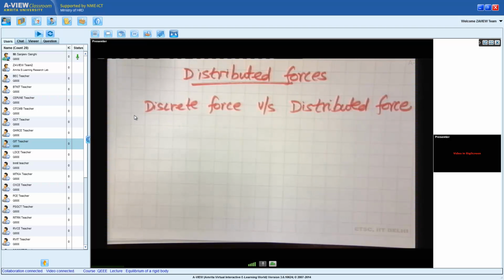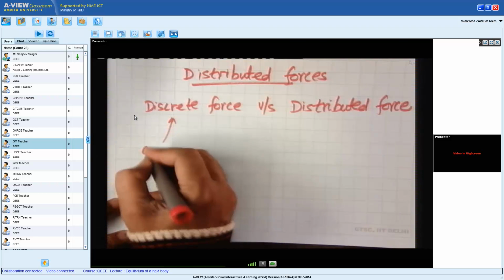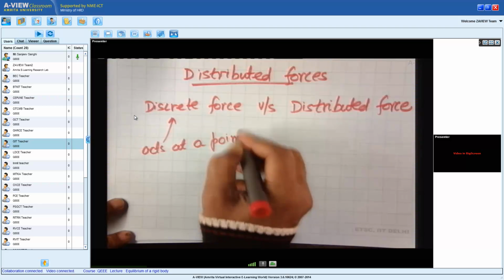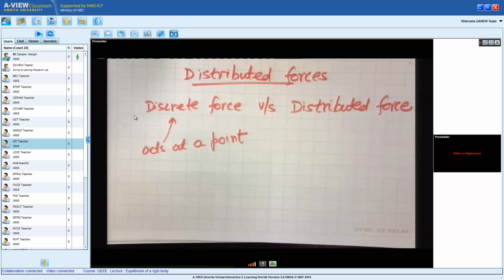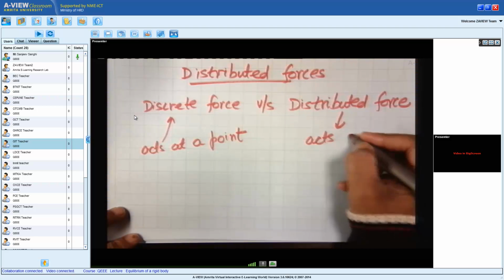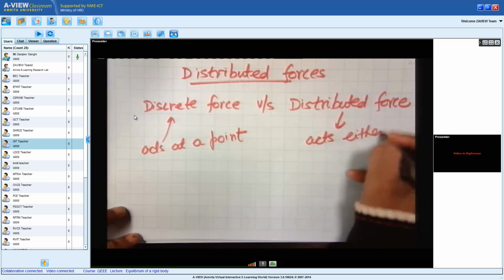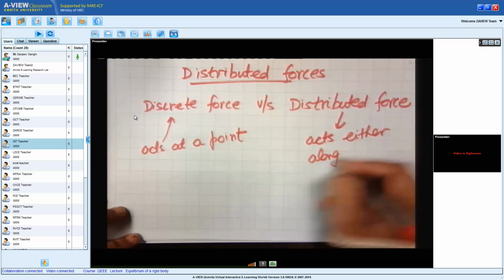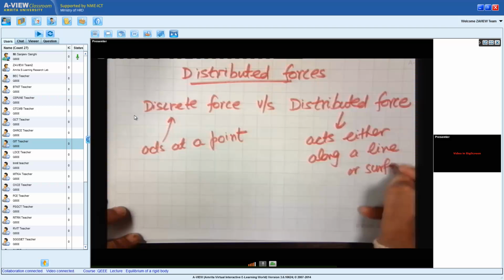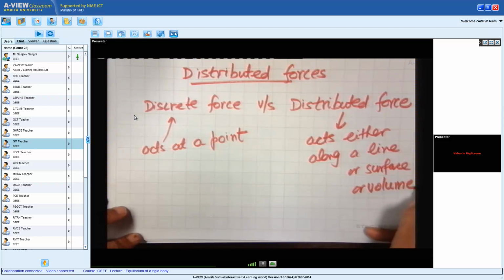A discrete force acts at a point, whereas a distributed force acts either along a line or a surface or along a volume.